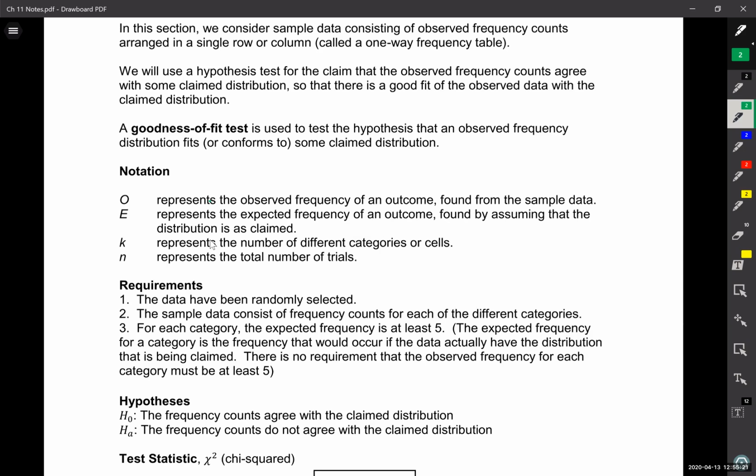So going back to O and E, O is what we observe, and E is what we expect. So if I roll a die with the numbers 1 through 6 on it, I expect that I will roll each number. The probability would be 1 out of 6. So if I rolled them 6 times, I would expect that I would see each number once. If I rolled the die 12 times, I would expect that I would see each number twice.